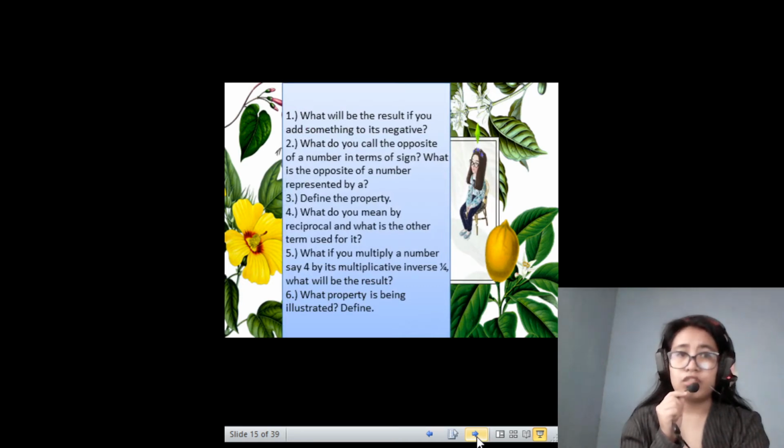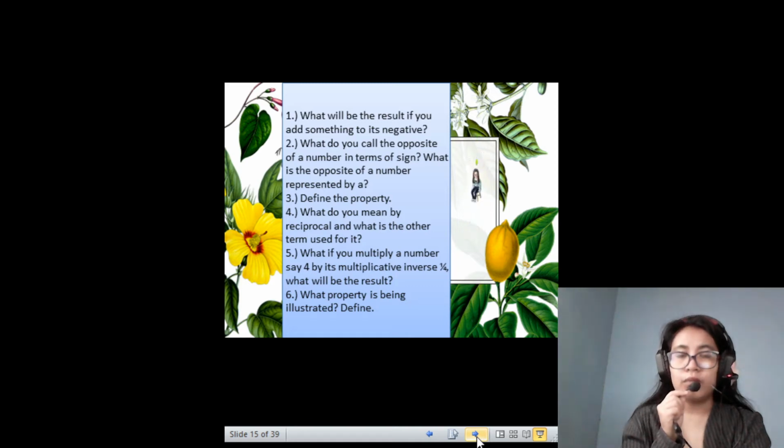What will be the result if you add something to its negative? What do you call the opposite of a number in terms of sign? What is the opposite of a number represented by A? Define the property.